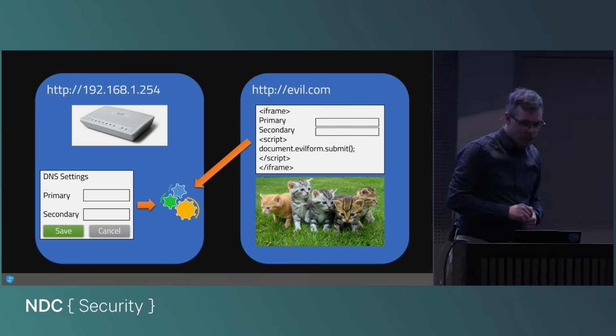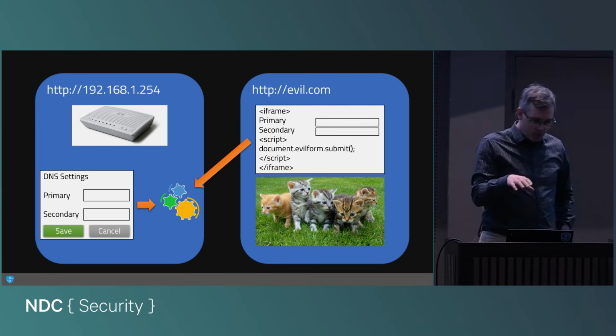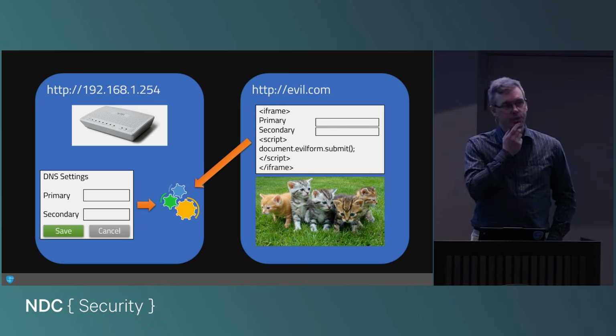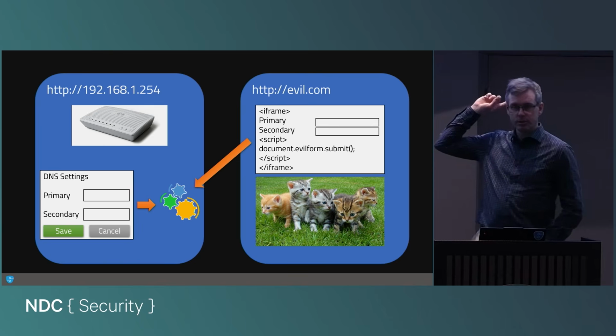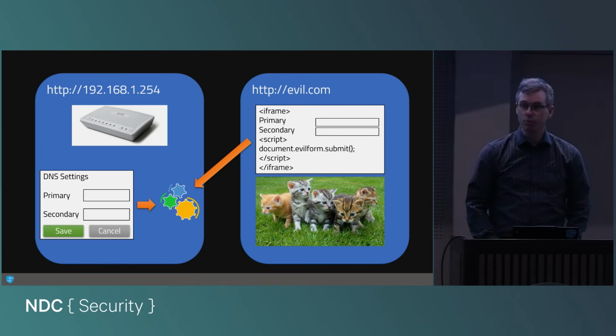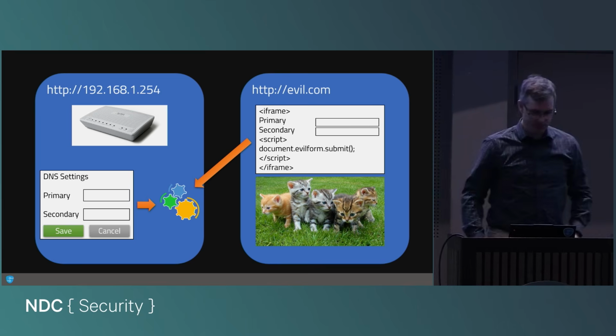And the problem they had, or the assumption the modem had here, was that it was safe to expose the admin UI to the internal network. I mean, the evil kittens are on the internet. But what they are doing is forcing my computer that was on my home network to do the post on behalf of the evil kittens.